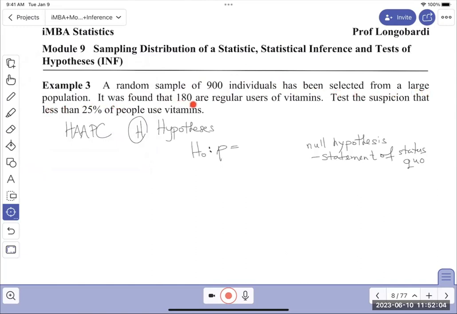It's found that 180 are regular users of vitamins. Test a suspicion that less than 25% of people use vitamins. So what I put here is what I'm going to assume the status quo belief is, and then what I'm going to put here is called the alternative hypothesis.